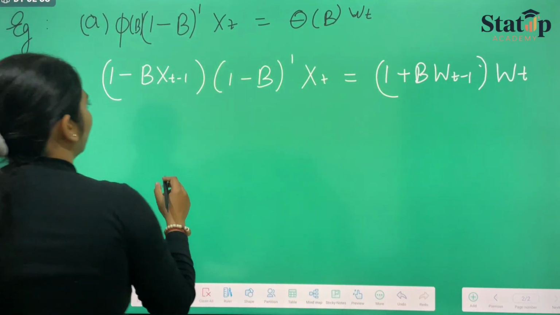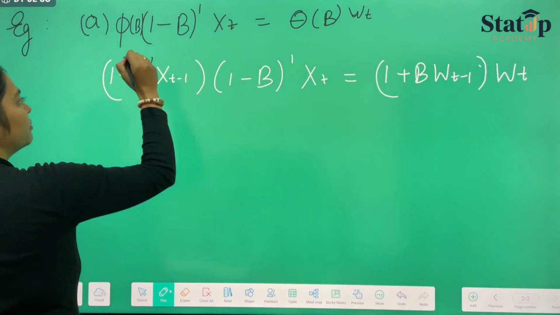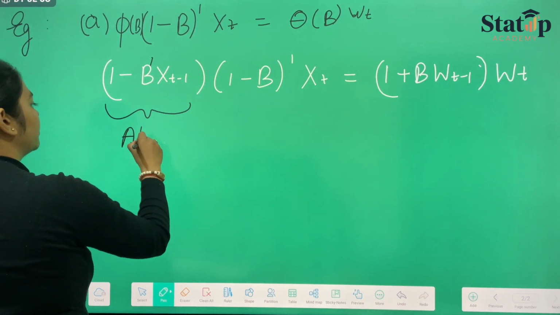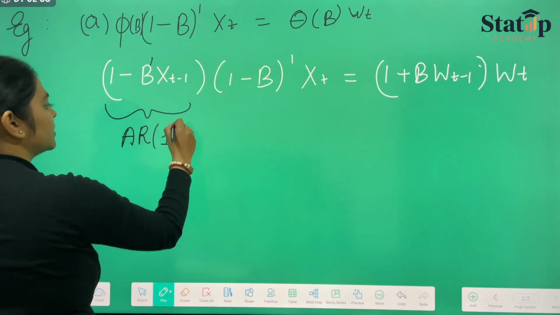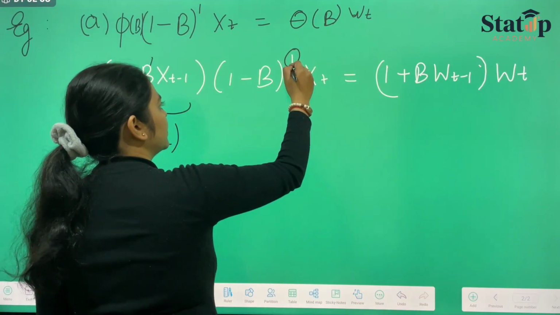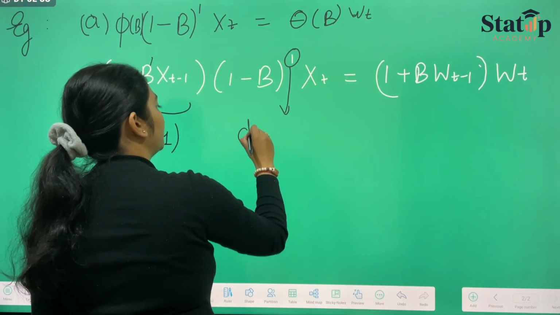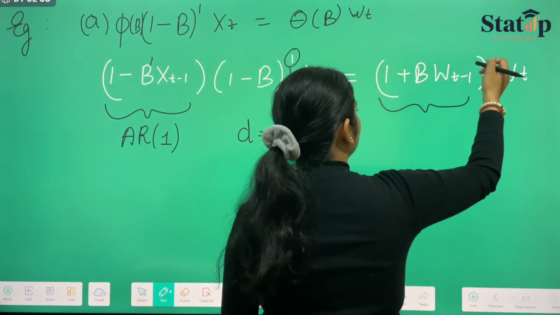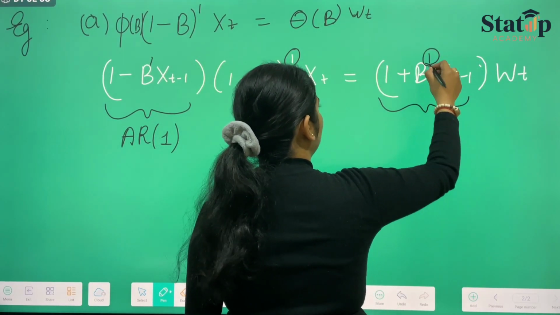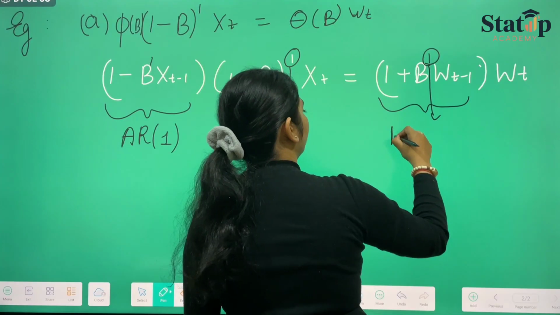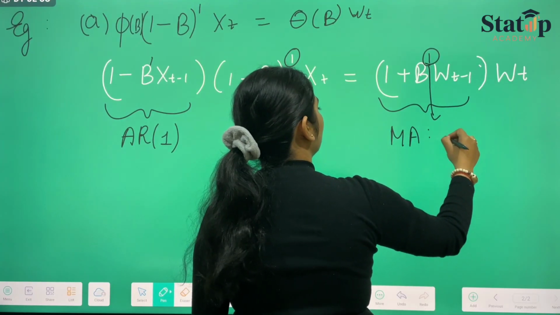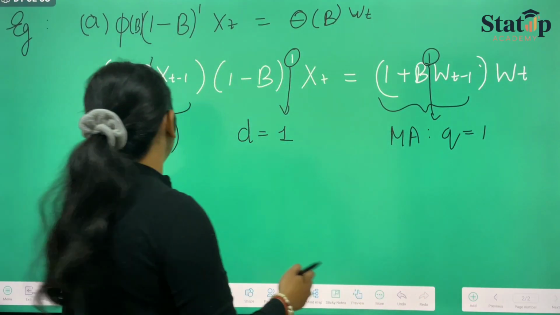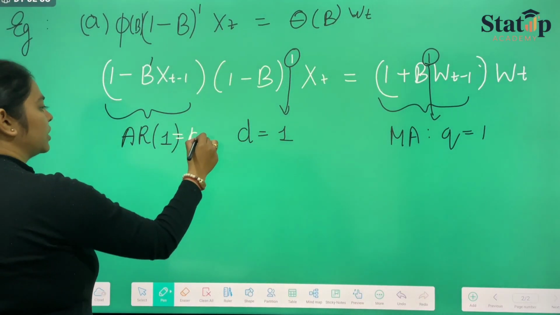This we have taken. Now we see here the value of beta, the value of the autoregressive series. The order of the autoregressive series is 1. The value of differencing here in the ARIMA model is 1, and the moving average series has the value again 1. So the moving average order is 1, which we can write as q equals 1, and this equals p.